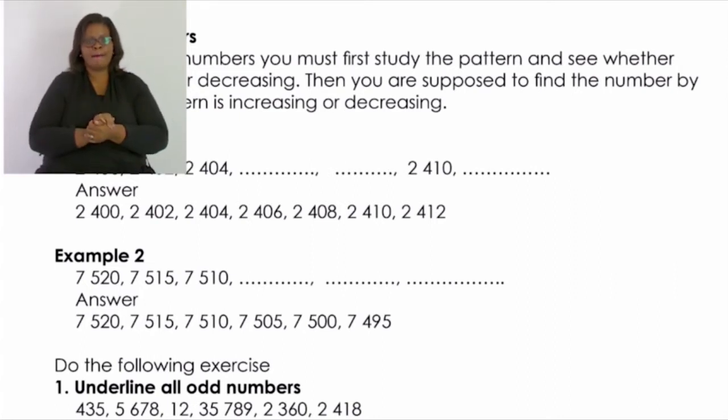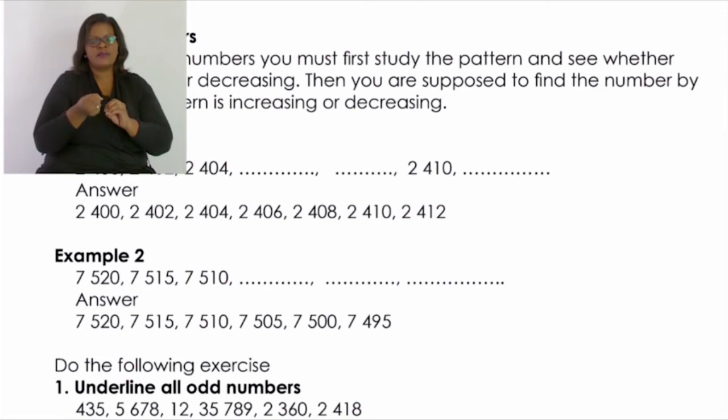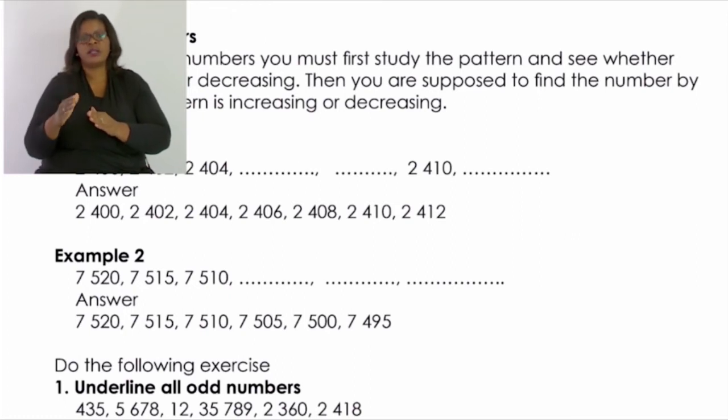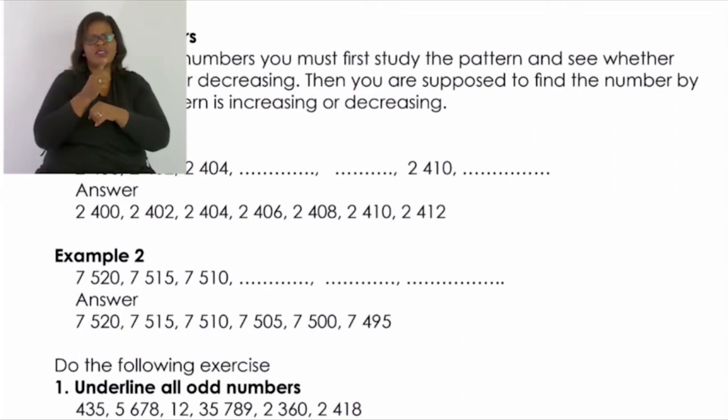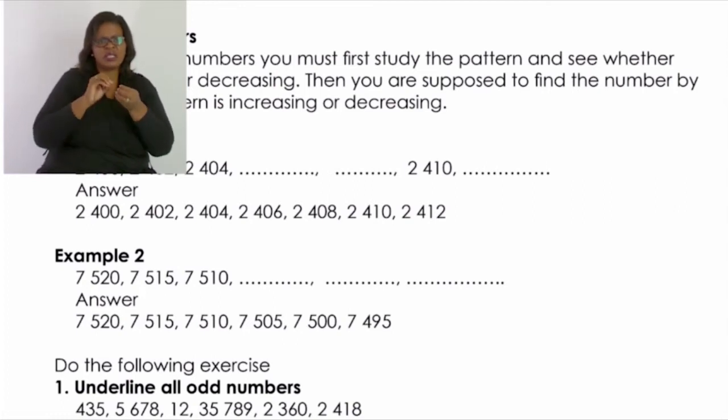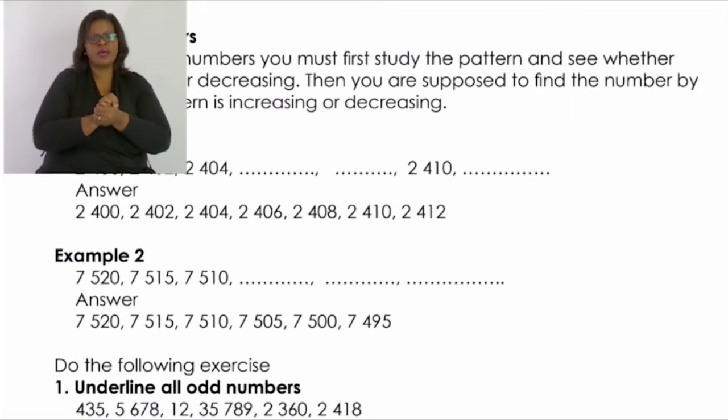Let us go to the second example. Our first number on the second example is 7,520, followed by 7,515. Then the third one, 7,510. If you look at the first two numbers, we are having 20 at the end, then the second one is having 15 at the end. It means our numbers are going down. But for them to change from 20 to 15, it means they are going down by 5.